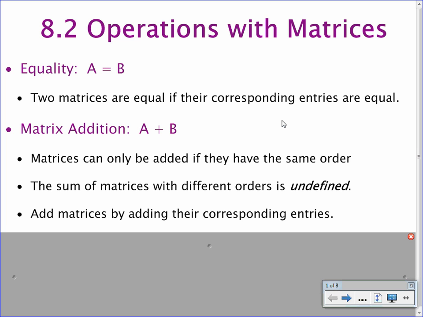Whatever's in the first row, first column of A is going to be added to the first row, first column of B. It's going to be in the first row, first column of the sum matrix. When you add, your result is the sum, A plus B.